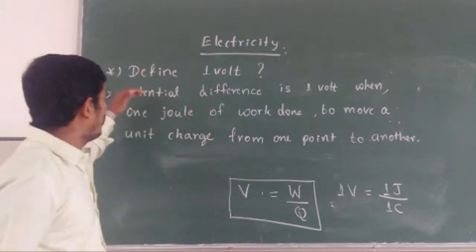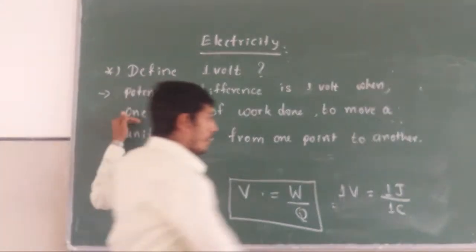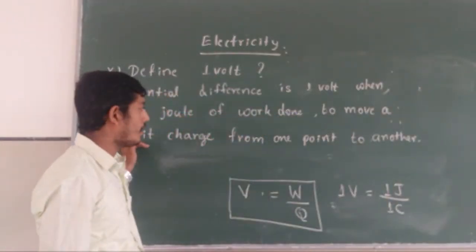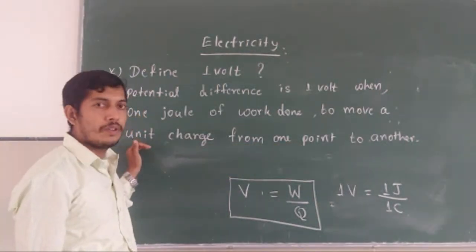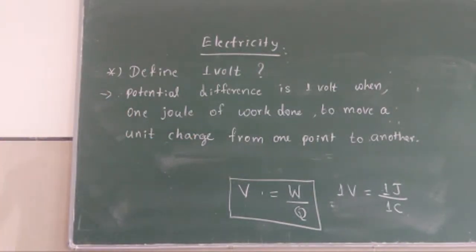So potential difference is 1 volt when 1 joule of work is done to move a unit charge from one point to another point. Just look at the definition.